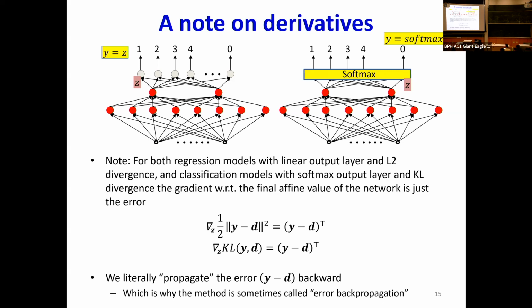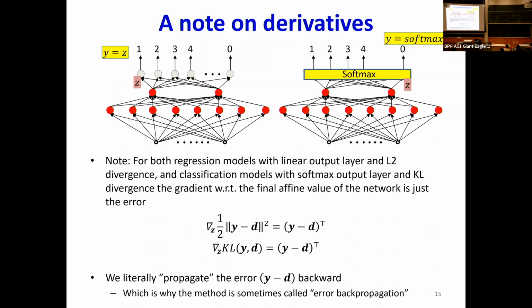In the case of the L2, if you are using a linear activation, the derivative of the L2 divergence with respect to the pre-activation z is going to be the error. Of course, we are using a linear activation when performing regression and a softmax when performing classification. So in both cases, the derivative of the divergence with respect to the pre-activation affine value is just directly the error.